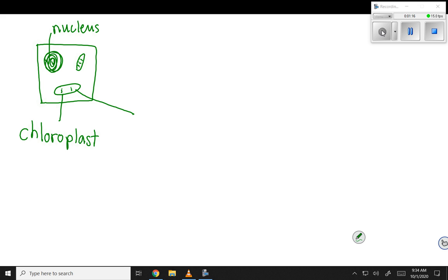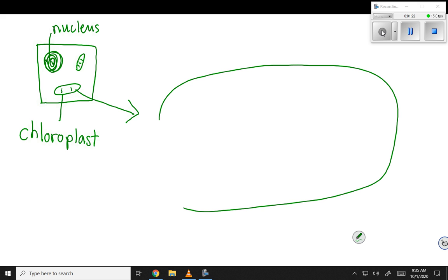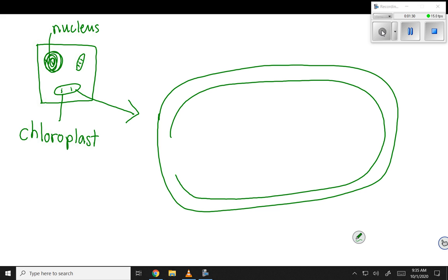So, I'm going to draw one gigantic chloroplast. Chloroplasts have two membranes, an outer membrane and an inner membrane. And this membrane is just like the cell membrane that we're used to, except instead of being a cell membrane, it's the chloroplast membrane.